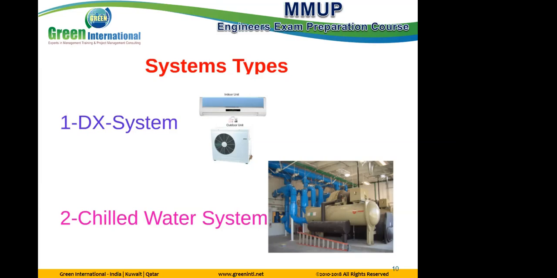What is the main difference between these two? As you see, DX is an abbreviation for direct expansion. So from the name direct expansion, it means the air is in direct contact with the refrigerant.